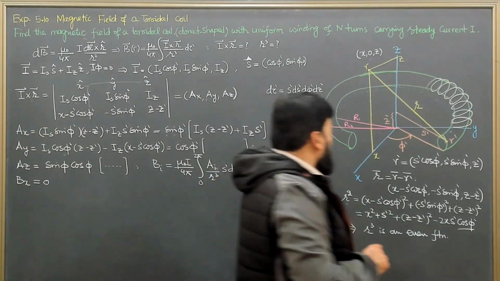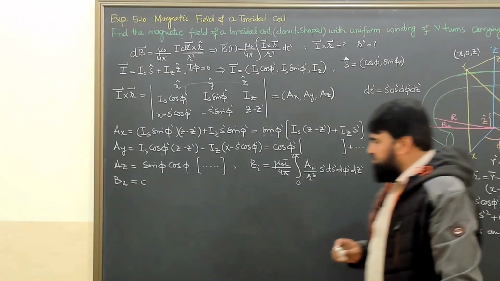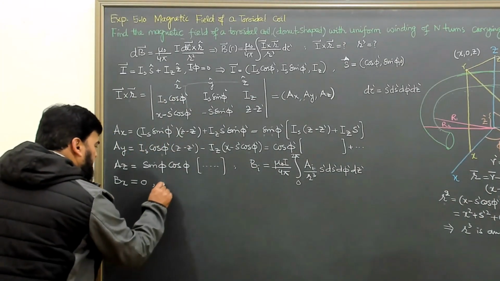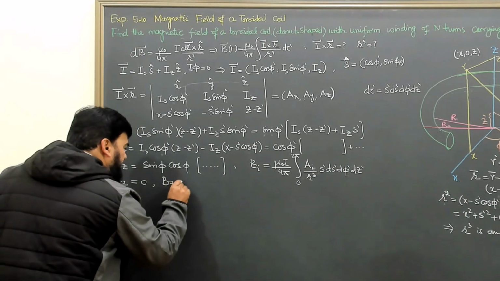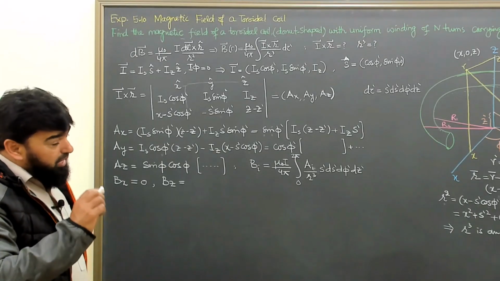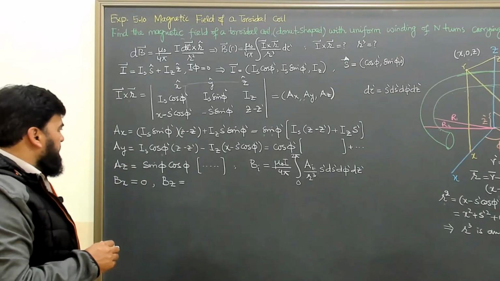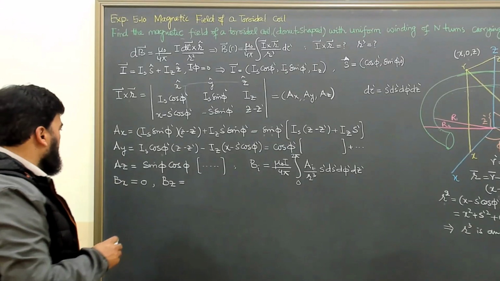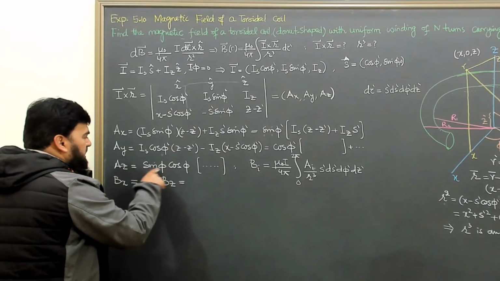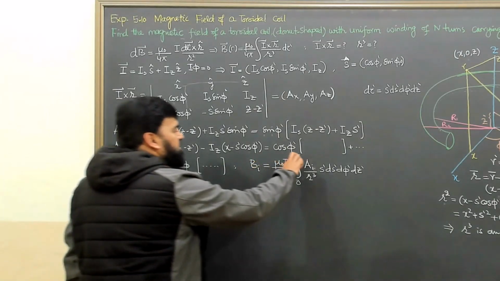And when Bx is equal to 0, it means our radial contribution is 0. And now we see the z contribution, which is the axial contribution of this toroid, meaning the contribution of the current component which is contributing to the magnetic field. So I've come to the Bz component here, and we see that it is already a sine phi and cos phi combination, odd and even combination in the even limits here.